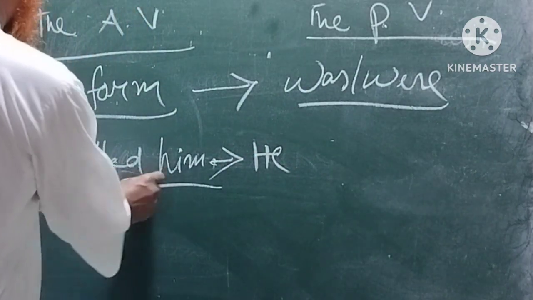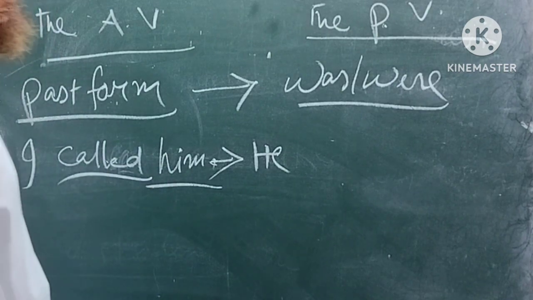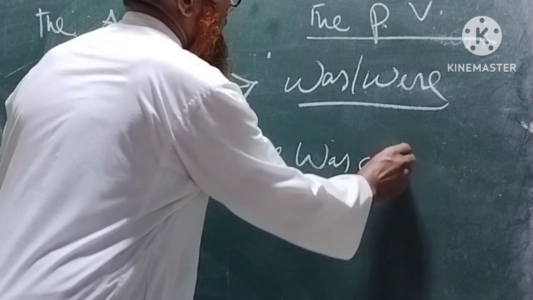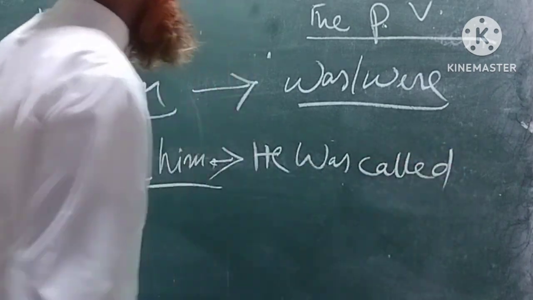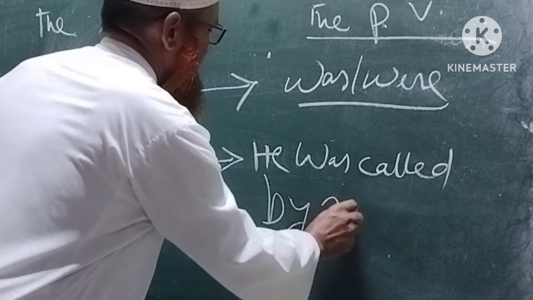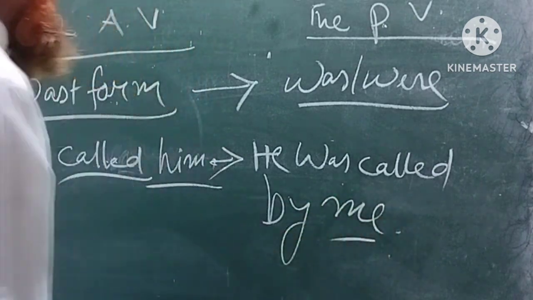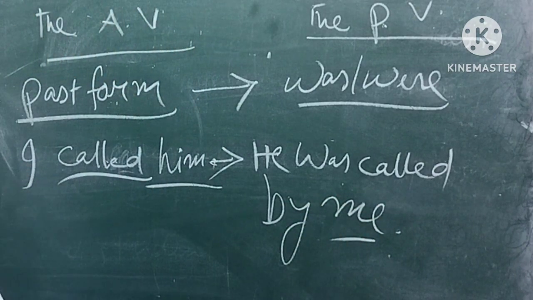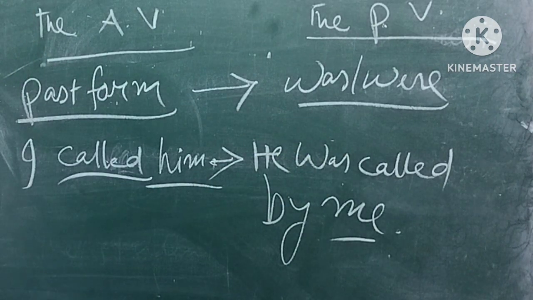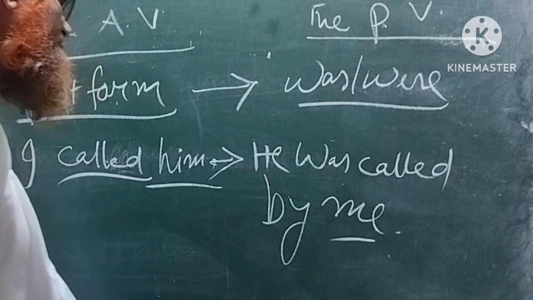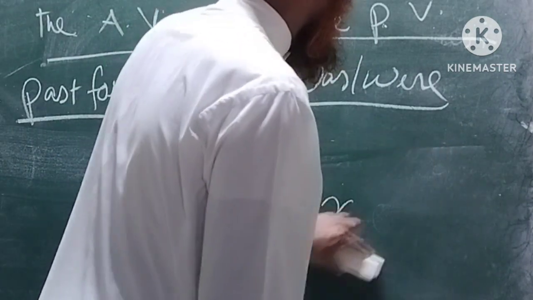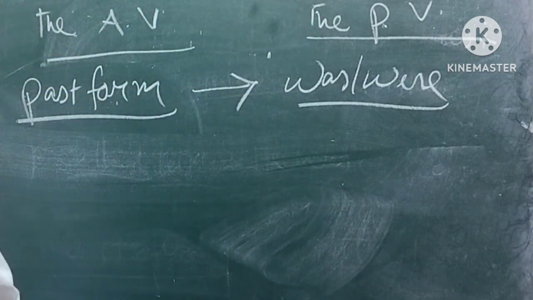Called is the past form, that is why with he, was will come: he was called by me. Me has come from the subject I. This is passive, this is active. He was called by me. In the same way, I called you.